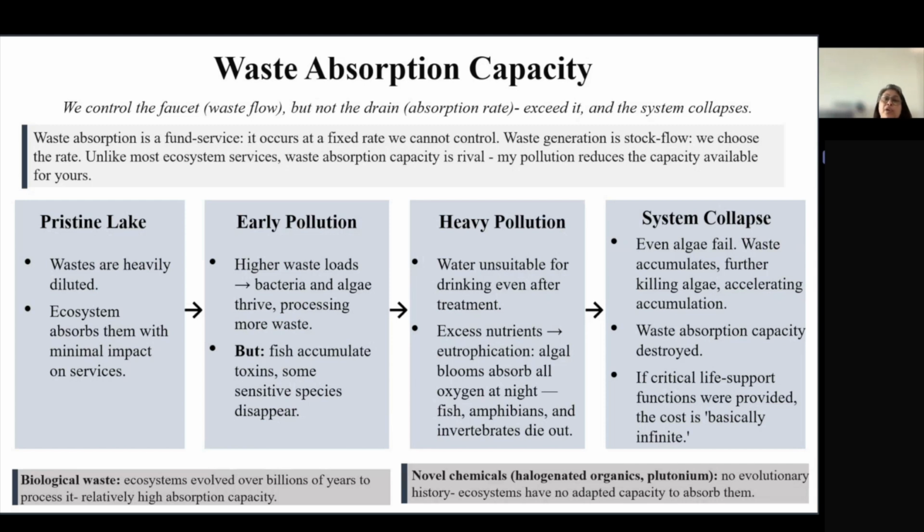We have so many programs for cleaning the Ganges, but we are not able to clean it the way we would like. This is exactly what is important to remember: ecosystems have essentially zero adaptive capacity to absorb these materials, which is why even small quantities can lead to disproportionate damage.